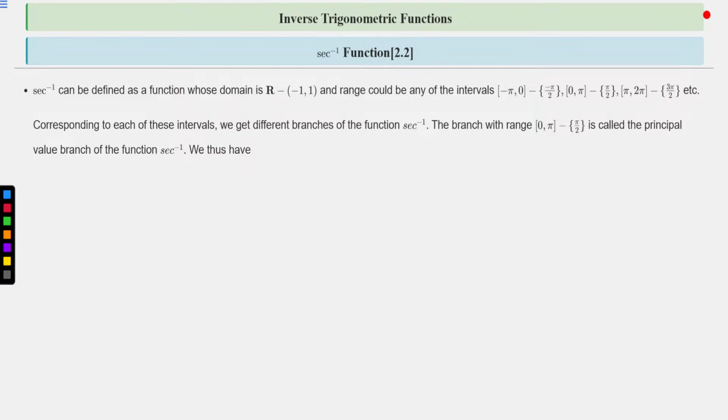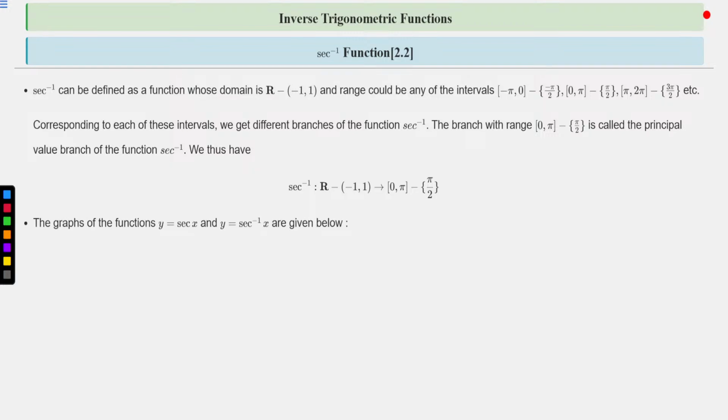The branch with the range 0 to pi except pi by 2 is called the principal value branch of the function sec inverse. We thus have sec inverse with domain all real values except minus 1 to 1 and range 0 to pi except pi by 2. Clear?